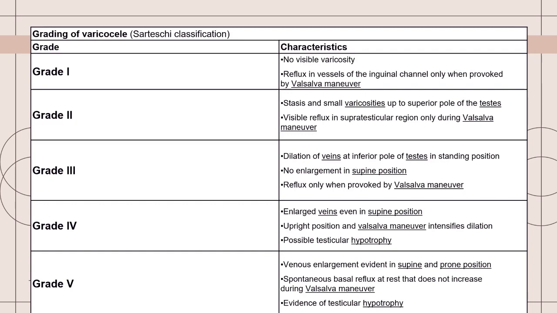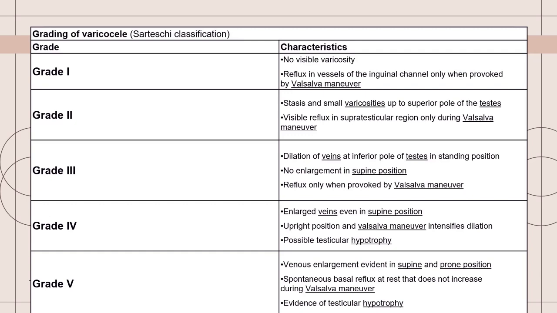Grade 3, we have dilation of veins in the inferior pole of the testis in standing position, no enlargement in supine position, and the reflux is only shown when provoked by the Valsalva maneuver. However, in grade 4, we will have enlarged veins in the supine position, and in the upright position and Valsalva, the dilation intensifies.